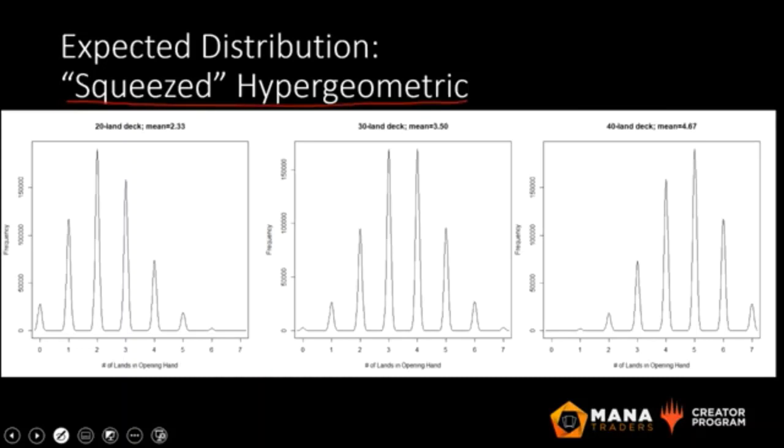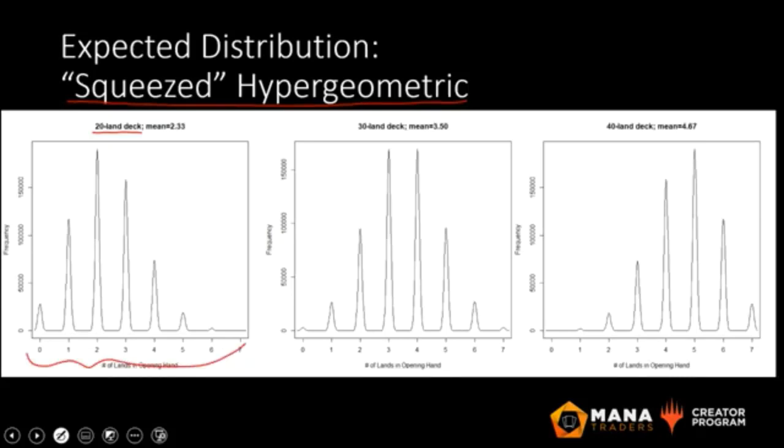So first, let's see what a hypergeometric distribution looks like. You can see some examples here. If you have a 20 land deck, let's not make any distinction here between MDFCs and non-MDFCs, just a 20 land deck without MDFCs, then the distribution of your lands in the opening hand is given by this graph.